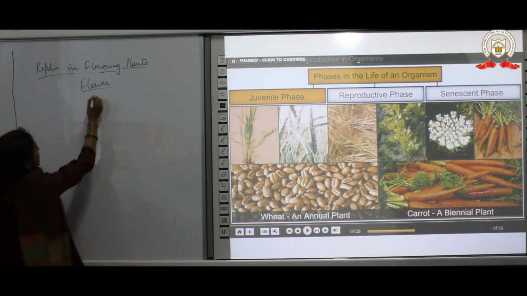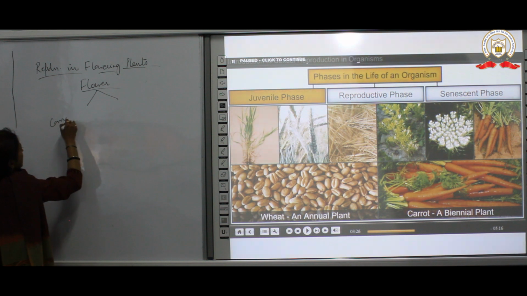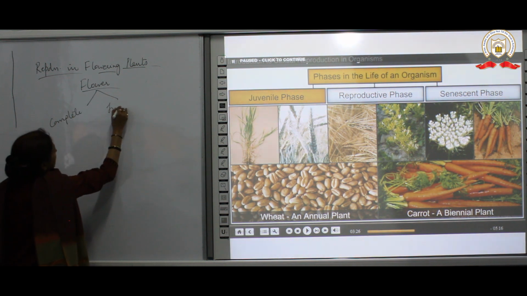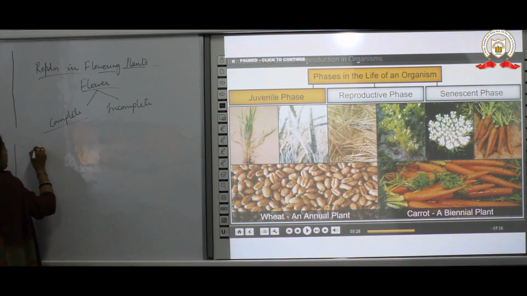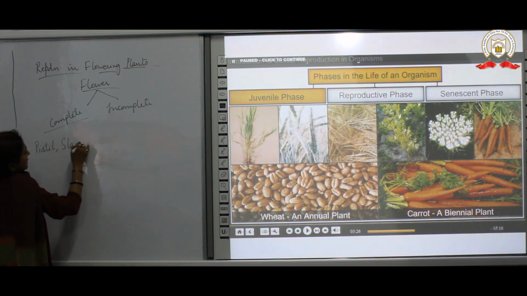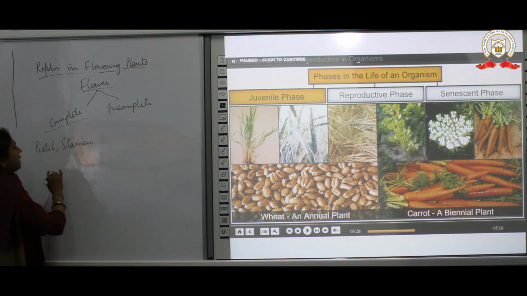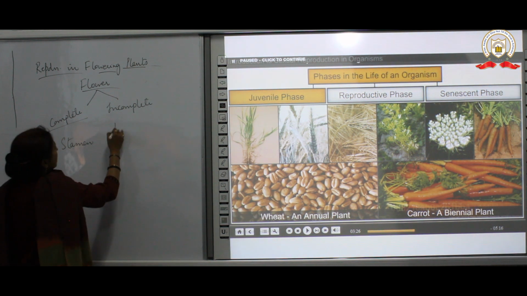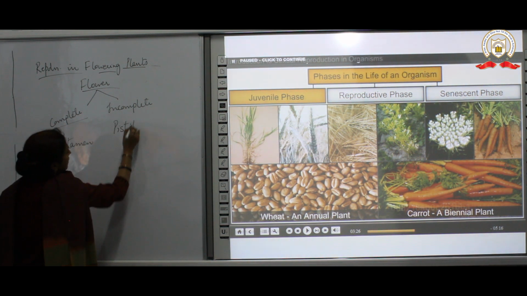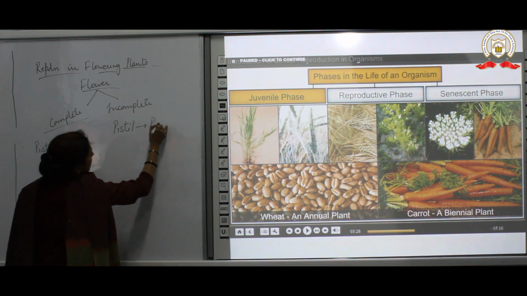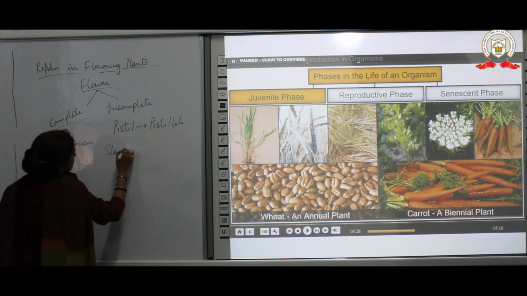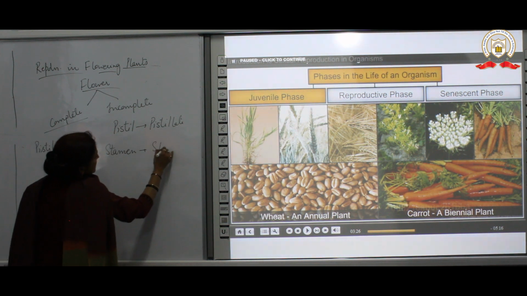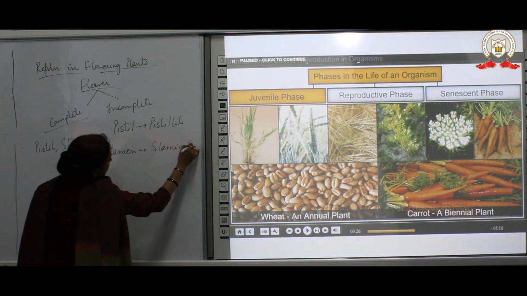A flower can be a complete or an incomplete flower. A complete flower has both pistil and stamen. An incomplete flower has either pistil, called pistillate, or stamen, called staminate.